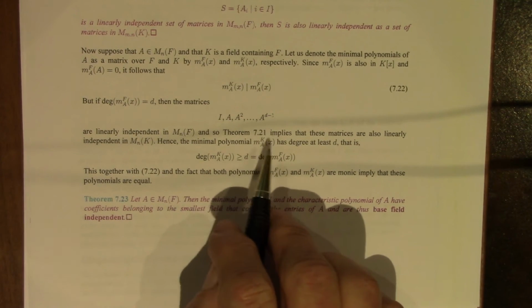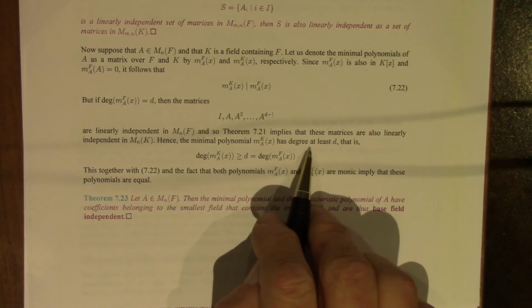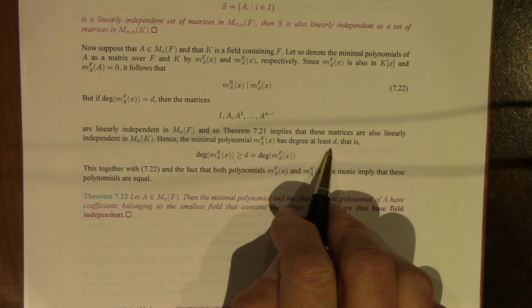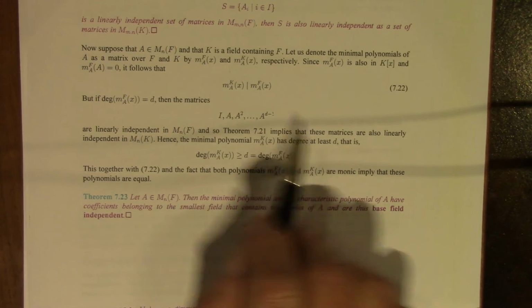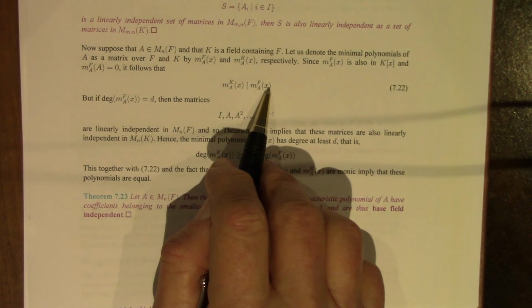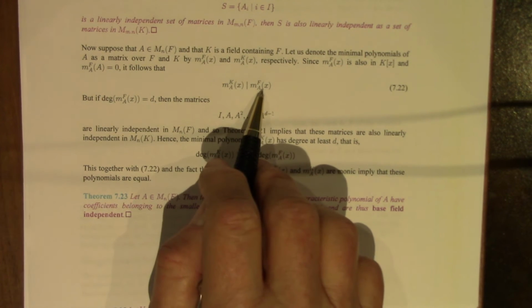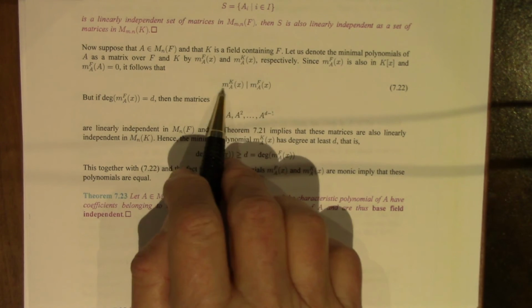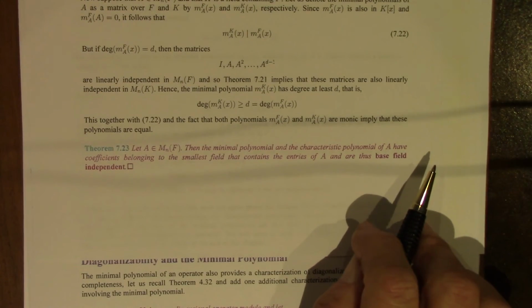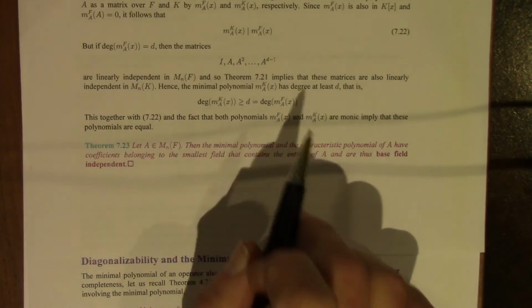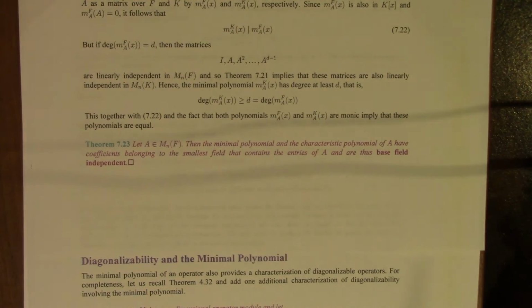And so the K minimal polynomial has degree at least d, but it divides the F minimal polynomial, which has degree d. So the two polynomials have the same degree, and since they're monic, they're equal.